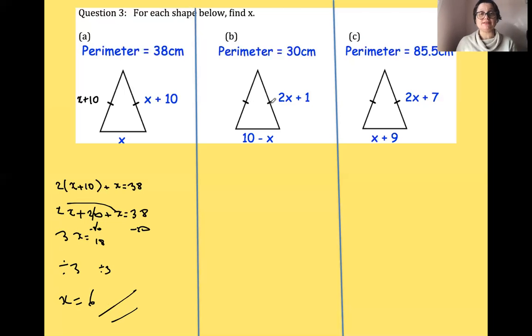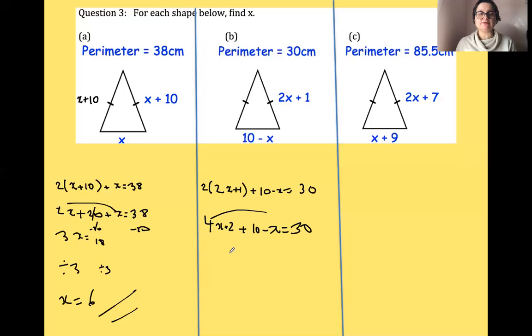Now in the second one, the perimeter is 30. Again, the clue is an isosceles triangle. In all the cases we deal with isosceles triangles. So again, you must create the equation. There are two sides the same in the isosceles triangle, so 2 multiplied by the bracket 2x plus 1, plus 10 minus x, equals 30. So we have 4x plus 2 plus 10 minus x equals 30.